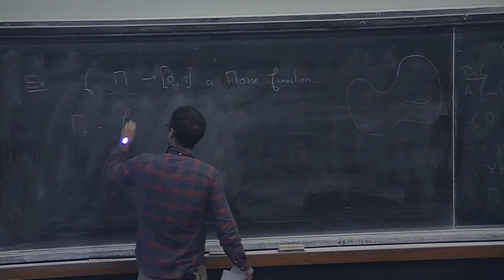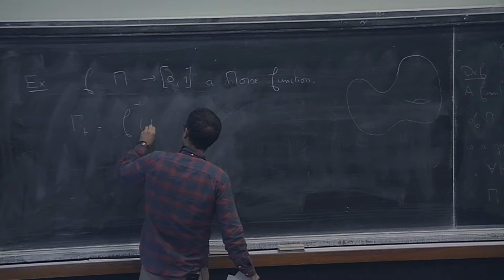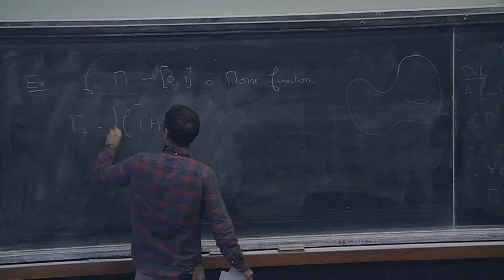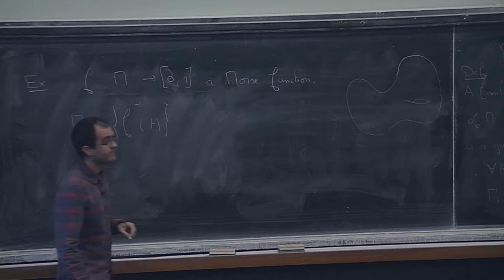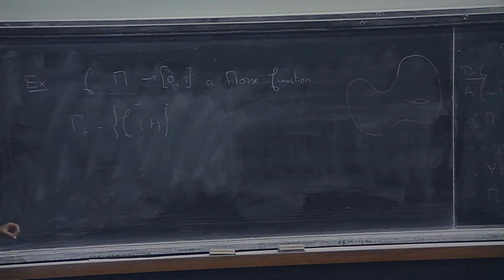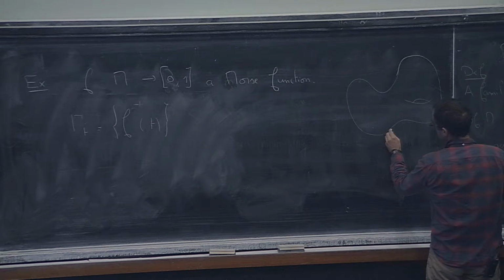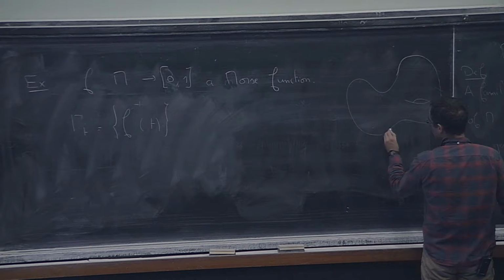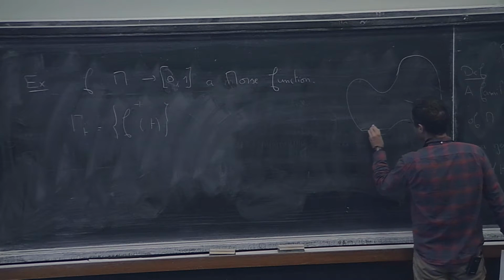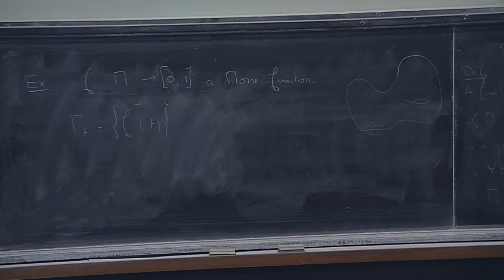is just the level set of the Morse function. So the thing is that maybe if t is a regular value of the Morse function, there is no problem. You have a smooth surface, gamma sub t, which is well defined.